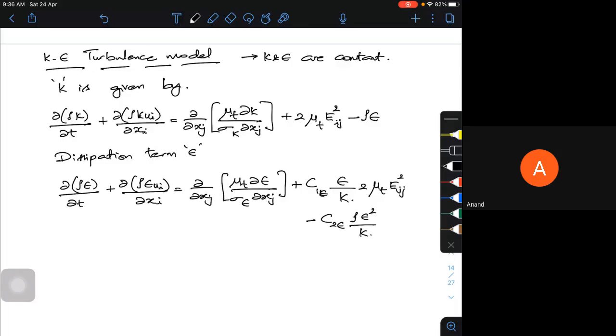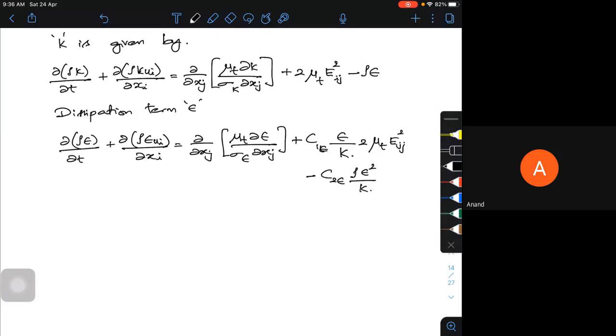Okay. Now, if you look into this particular thing, this is one of what we call the eddy viscosity models. See, what is this E_ij? Let me write. E_ij means this is the deformation rate, how your fluid will deform.